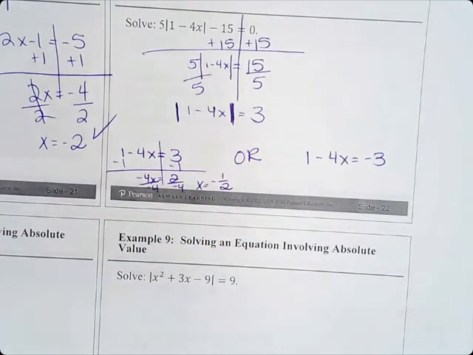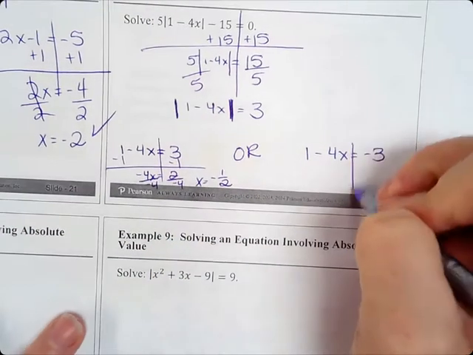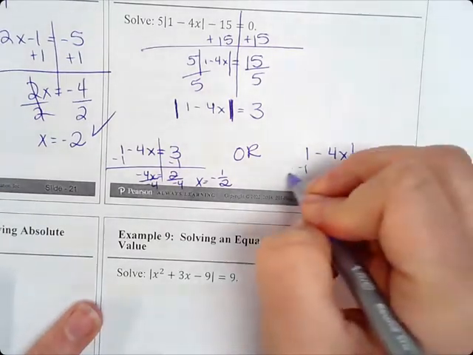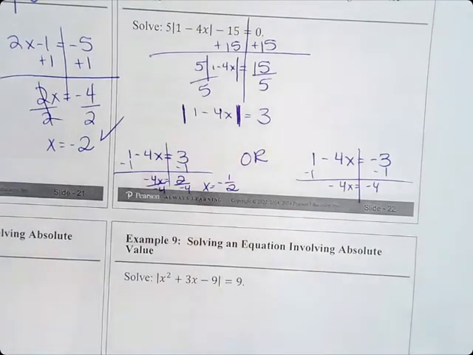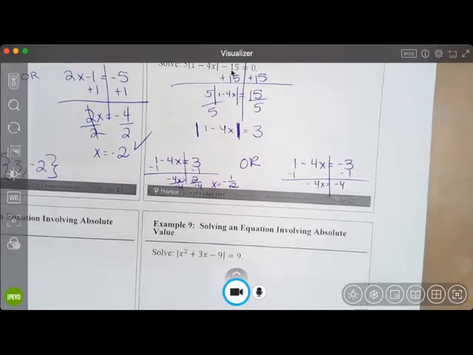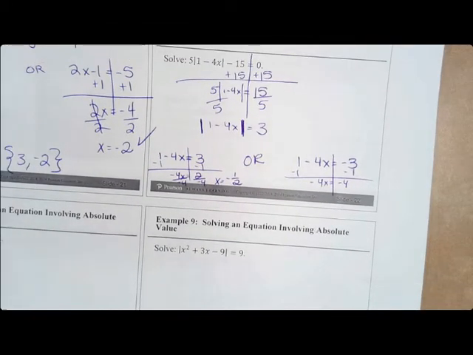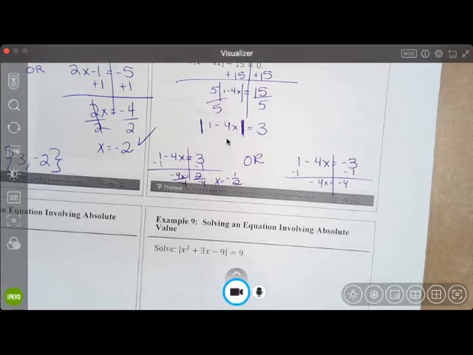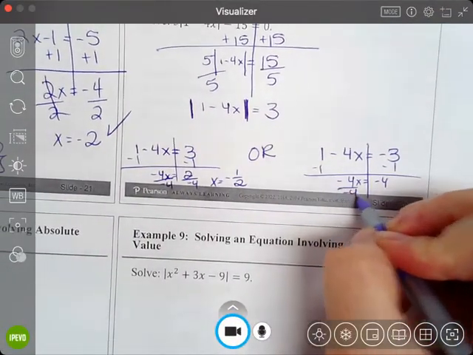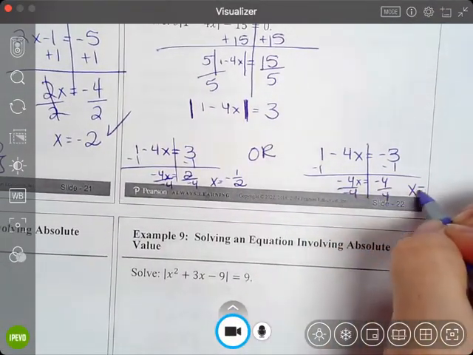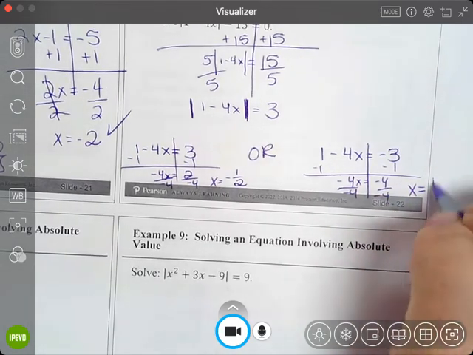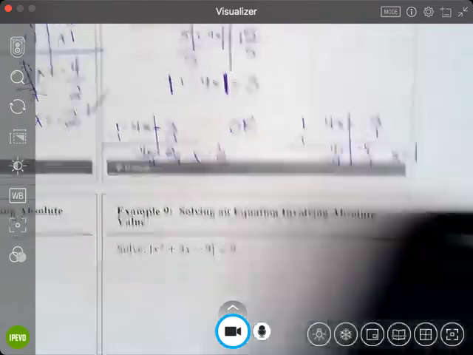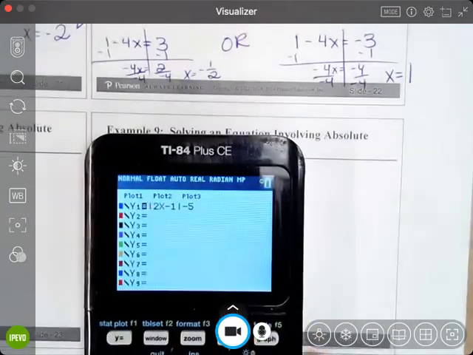Okay, so solve both of those. All right, then make sure to check them. Negative divided by negatives would be a positive. So we have negative 1/2 and positive 1.